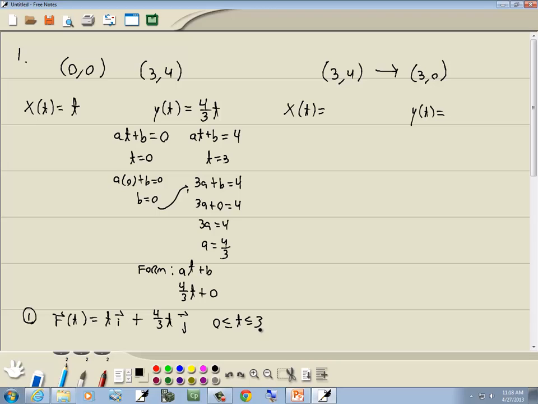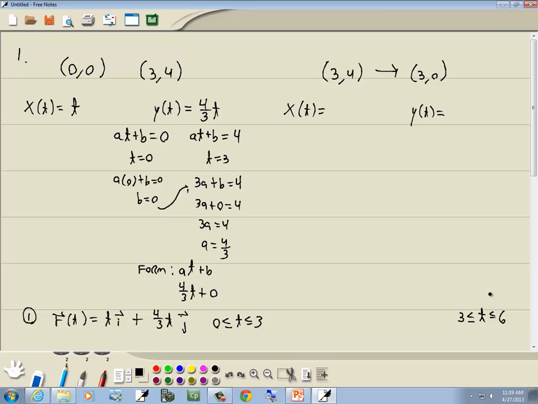And this first piece here went from 0 to 3. So I don't know much about this second one yet, but I know it has to start at 3. Where this one ends t value-wise, this one has to begin. And let's have it go to, I don't know, 6. I can pick any number there.